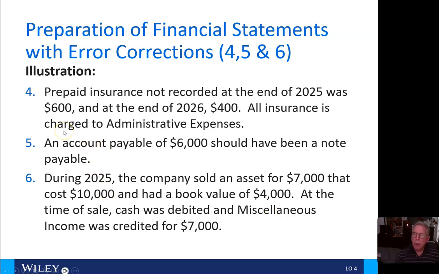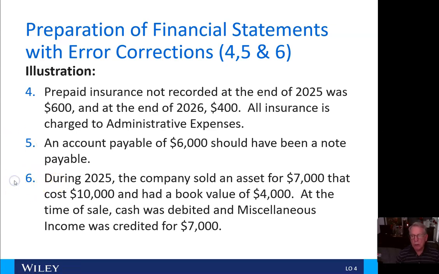Number 4, prepaid insurance not recorded at the end of 2025 was $600, and at the end of 2026, $400. All insurance is charged to administrative expenses. Number 5, an account payable of $6,000 should have been a note payable.